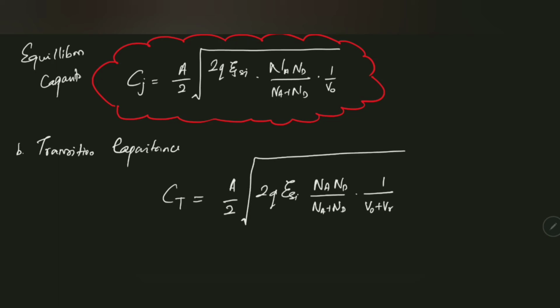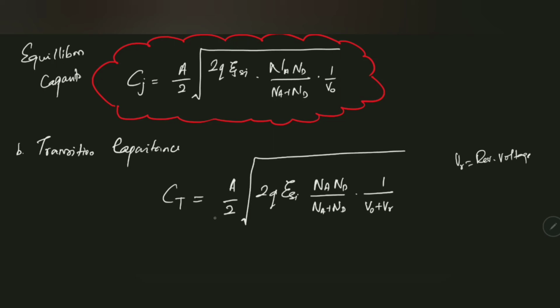So we add the reverse voltage Vr, where Vr is the reverse voltage, to the V naught, which is the junction potential. From this expression it is very clear.